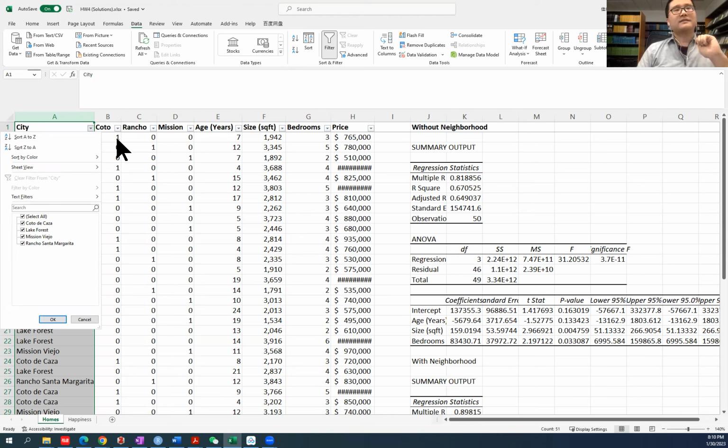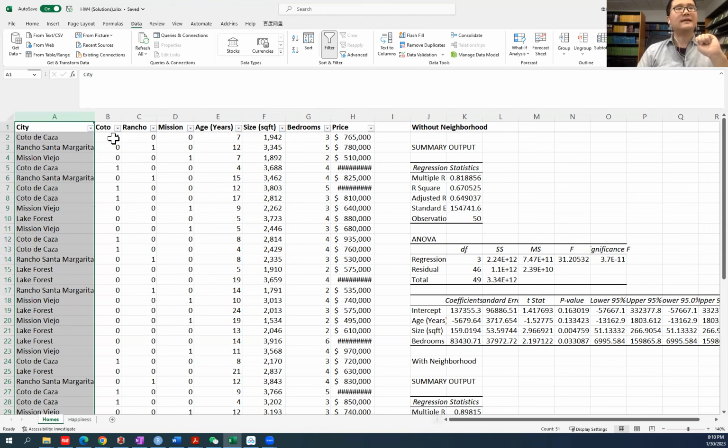This choice matters in terms of how we should assign values to the dummy variables. Because I chose Lake Forest as the reference group, all the dummy variables would be built relative to Lake Forest. That's why I named these 3 variables as the name of the 3 other cities than Lake Forest.